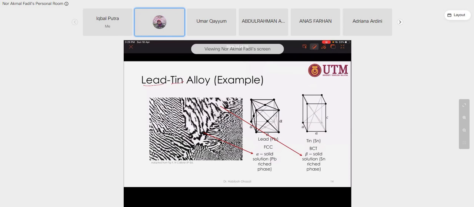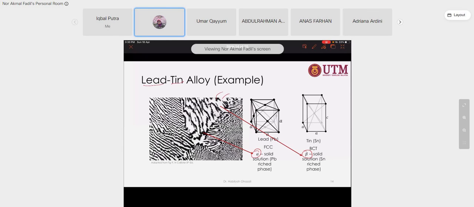Okay, you can differentiate between these two phases. One is alpha, one is beta, in terms of the contrast color observed from this microstructure image. As you can see, this is a white color. This one is black.